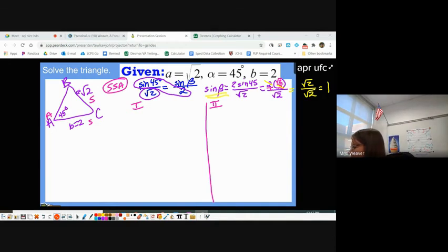So let's go find our triangle. Our first option for beta sub 1 is going to be sine inverse of 1. So let's go to our calculators.